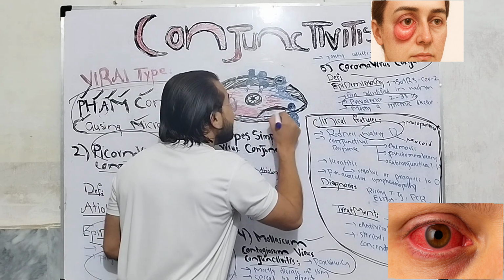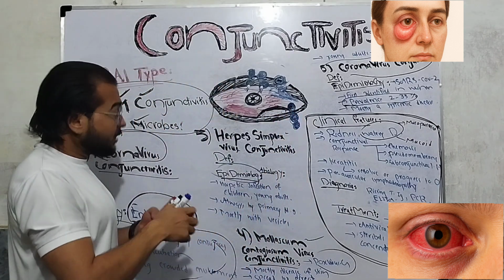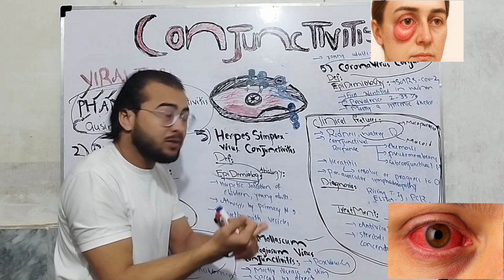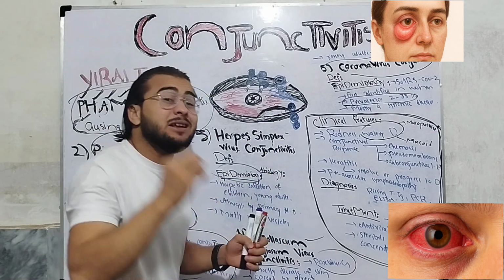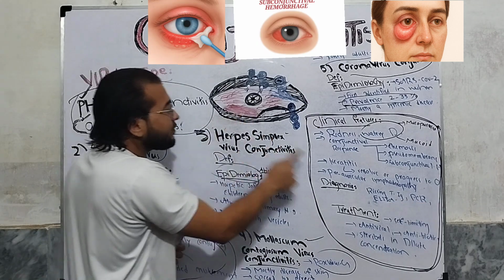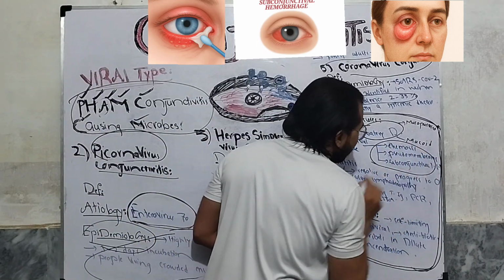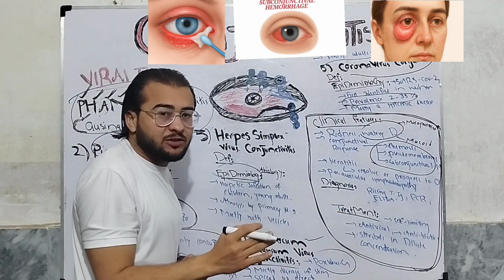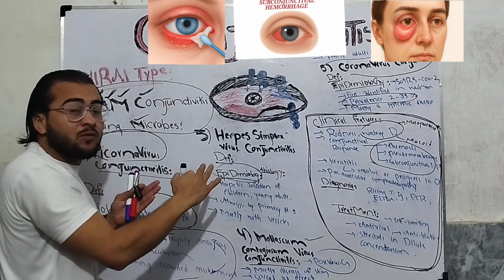So the conjunctival response can be subconjunctival hemorrhage, pseudomembrane, and chemosis. These three types of responses may or may not be present, depending on the severity of infection.